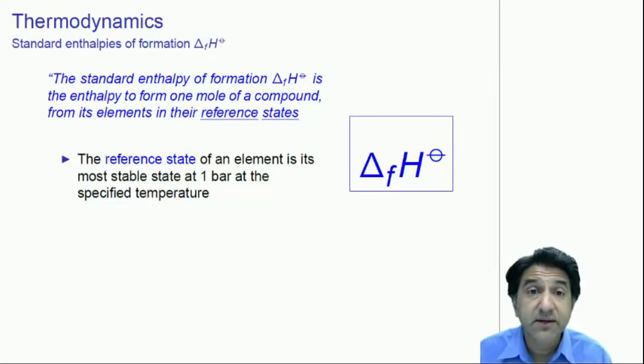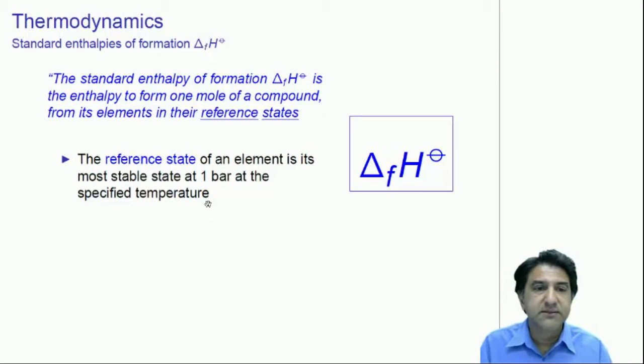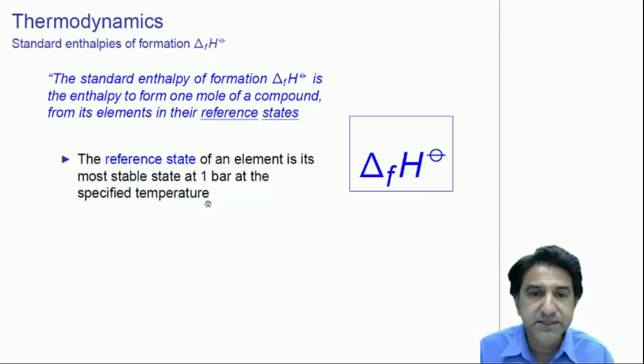Reference states only apply to elements. The reference state of an element is its most stable state at 1 bar pressure at the specified temperature. So a reference state applies only to an element, and the reference state is a standard state.